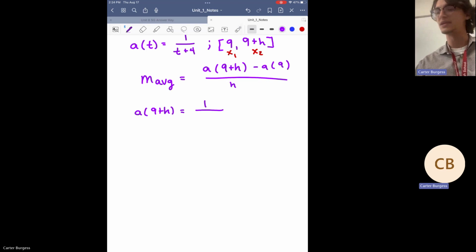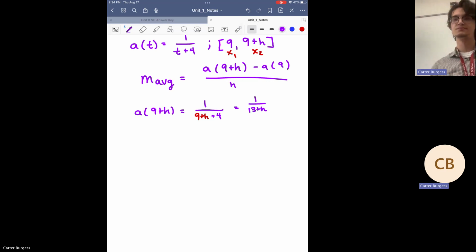That is going to be 1 over 9 plus h plus 4, where really 9 plus 4, that's going to give us 1 over 13 plus h. All right, same thing with a of 9. Plugging in 9 for t, I get 1 over 9 plus 4, that is 1 over 13.